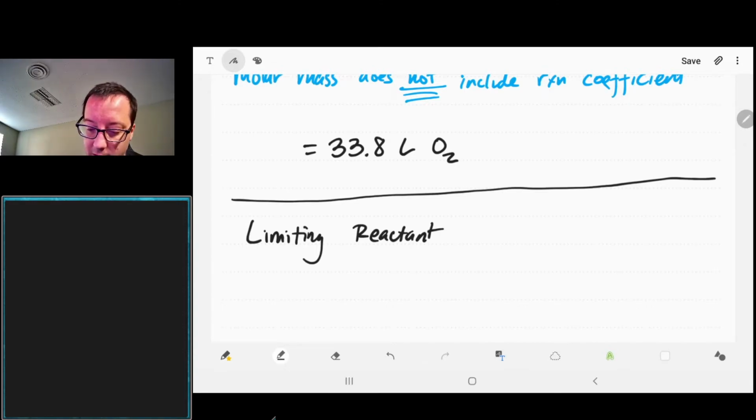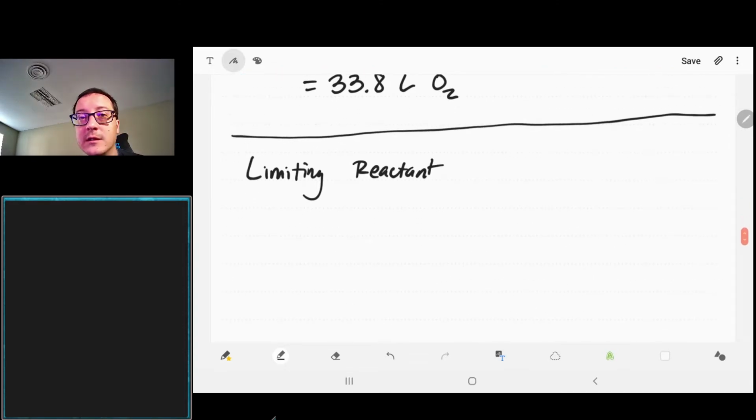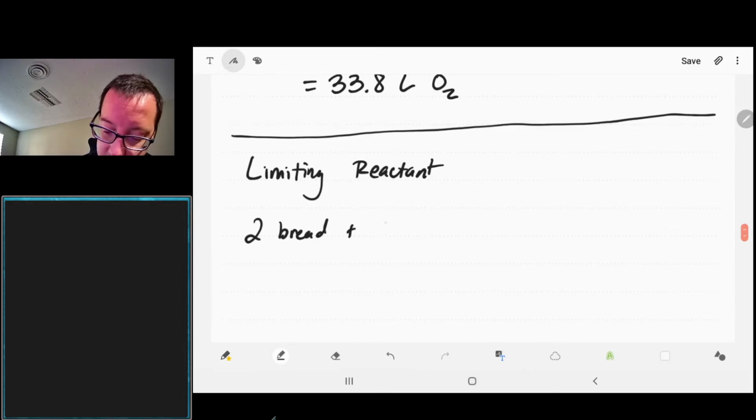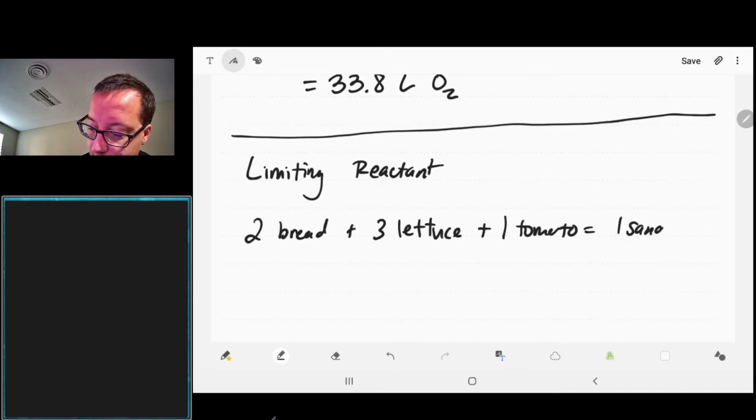So if we go back to our sandwich from last time. Remember we had 2 bread pieces and 3 lettuce and 1 tomato equals 1 sandwich or something like that. That was our reaction.